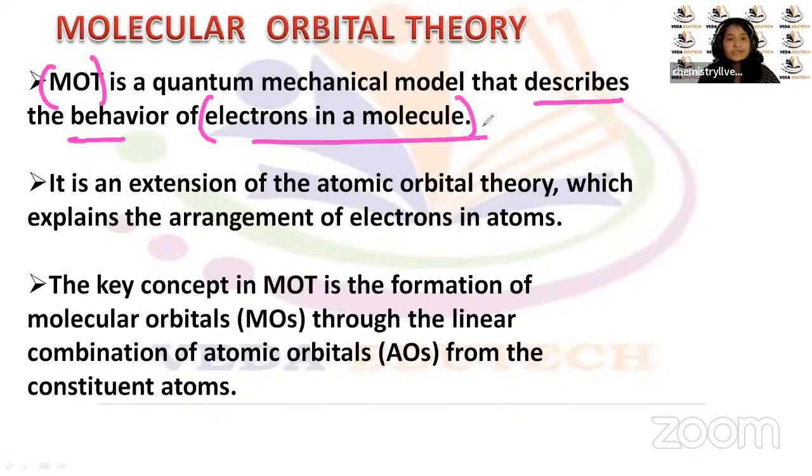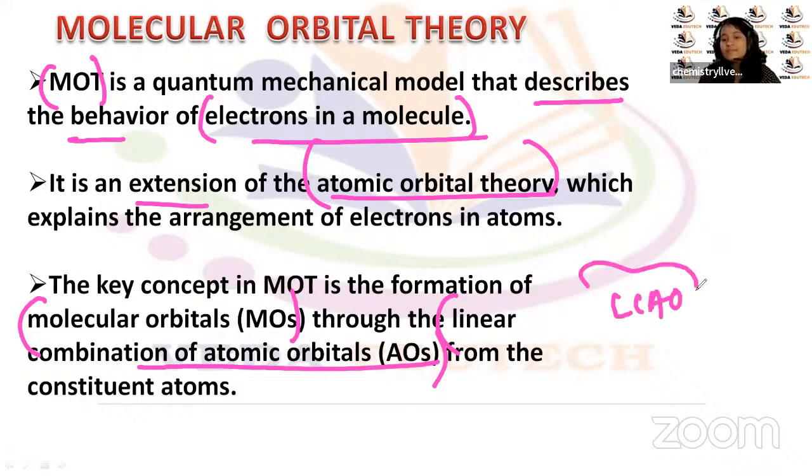That is the first point. Then, this is an extension of which theory? Atomic orbital theory. Then what happens in MOT? Molecular orbitals are formed. How are they formed? By linear combination of atomic orbitals, or the LCAO method. Linear combination of atomic orbitals forms your molecular orbitals.